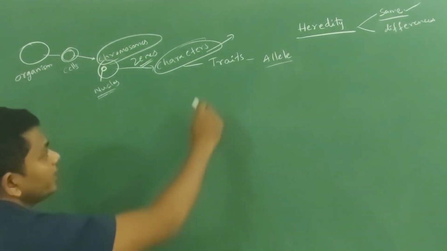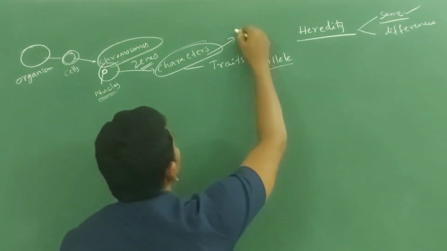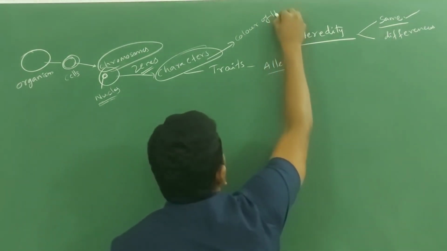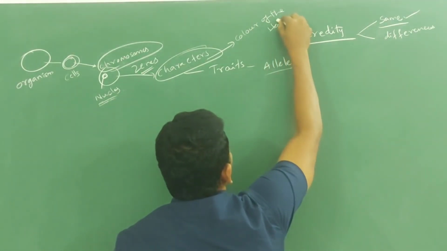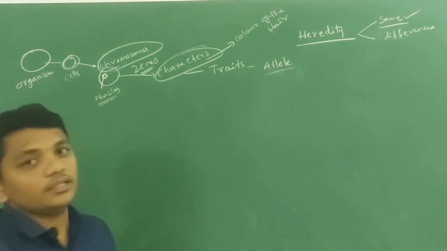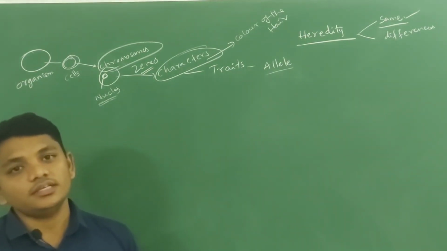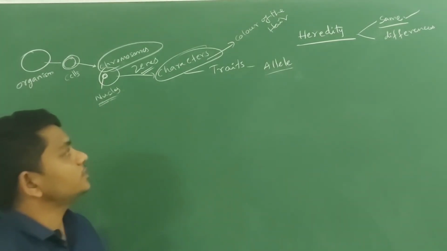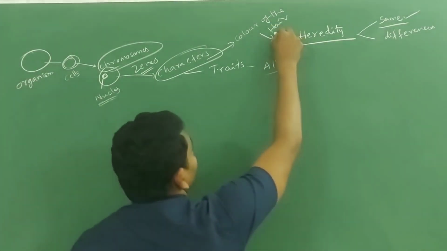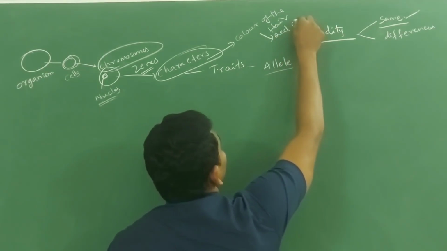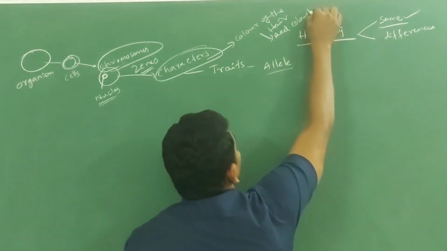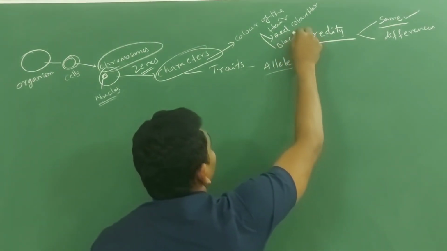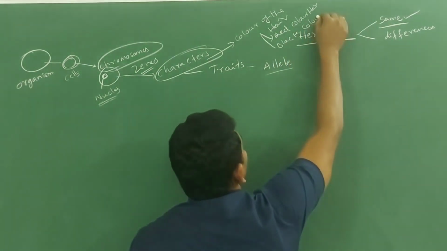Let us discuss a character. Color of the hair, this is a character. If we talk about traits, red color hair, black color hair.